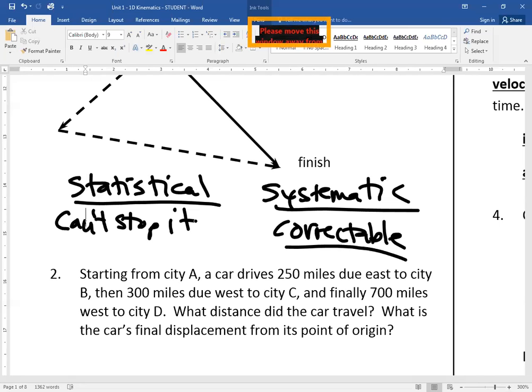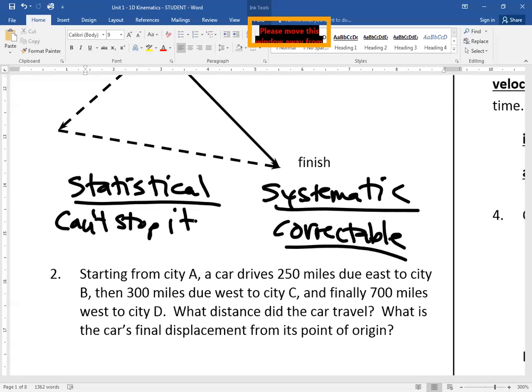Okay, so when I say statistical error, here's the problem. Most of you are thinking of something else that you've been taught to cite as a source of error. What is it that you're thinking of when I say statistical error? Human error, right? And to me, human error doesn't exist in a science class, right?